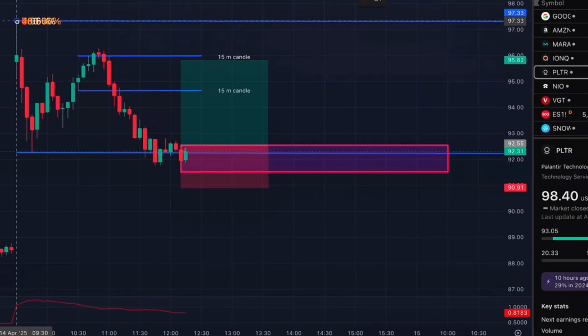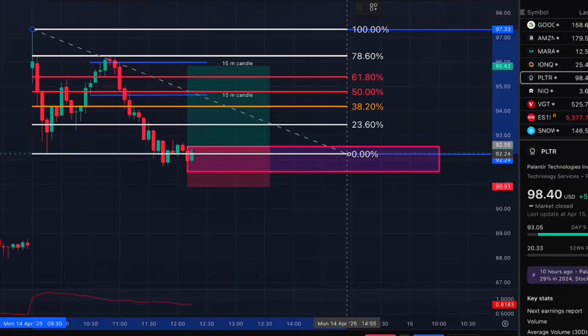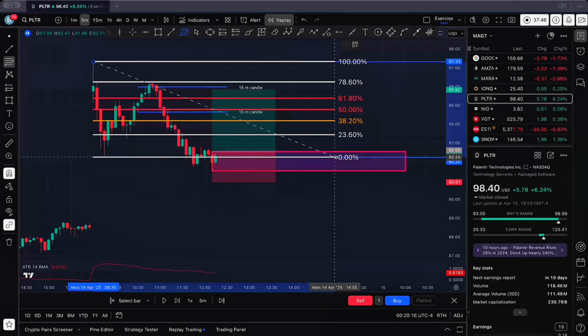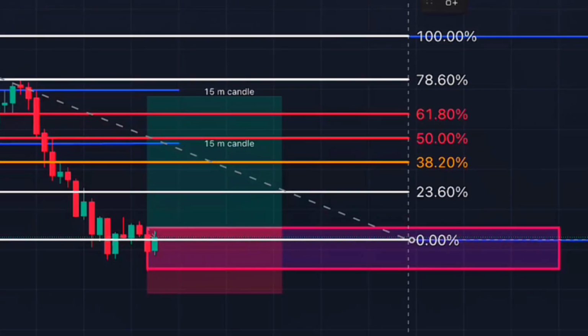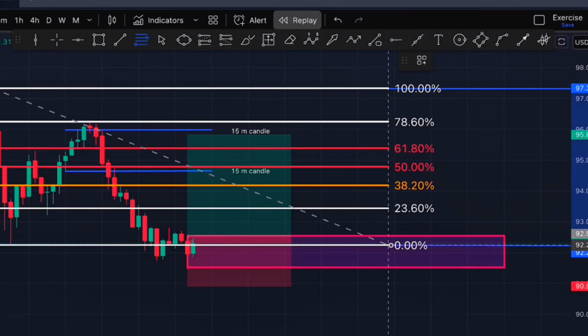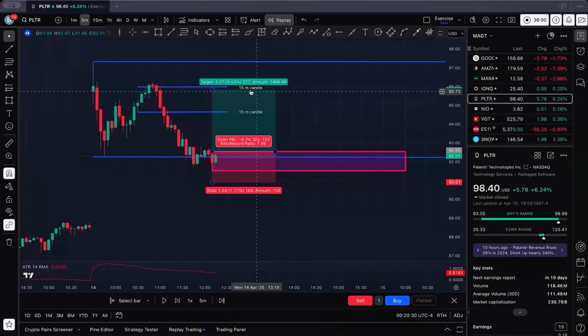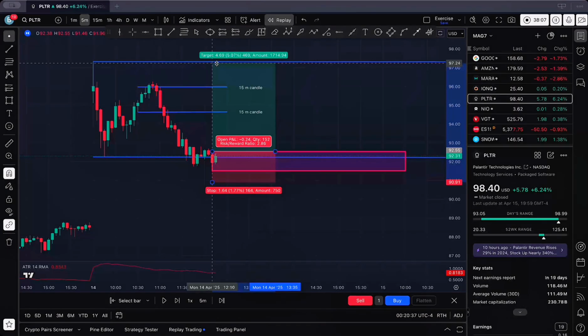Let's say, for example, this is going to give you the 50%, the middle. Your first target can be at the 50%, right? Or if you want to take more risk, you just take it always to the level of the range, okay?